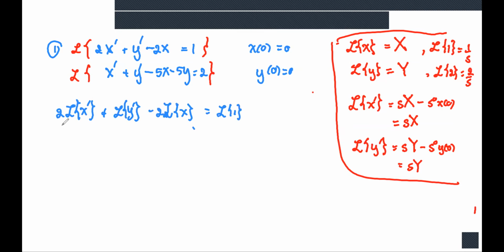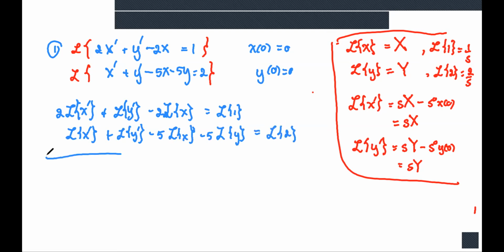And the second equation: the Laplace of x prime plus the Laplace of y prime minus 5 times the Laplace of x minus 5 times the Laplace of y equals the Laplace of 2. And then from the side notes, we apply the formula to each one. So the first one becomes 2 times s capital X, plus capital Y, minus 2 capital X equals 1 over s.